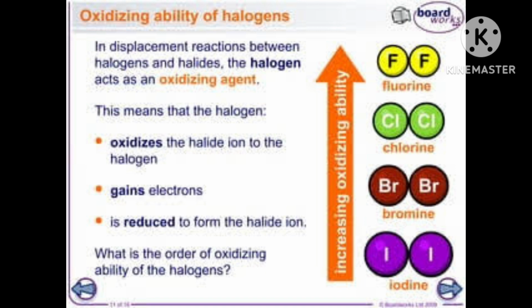For example, ½X2, where X is a halogen, dissociates and converts to gaseous X. Then X converts to the X⁻ ion in gaseous form, and after that this gaseous ion dissolves in water and forms X⁻ aqueous.